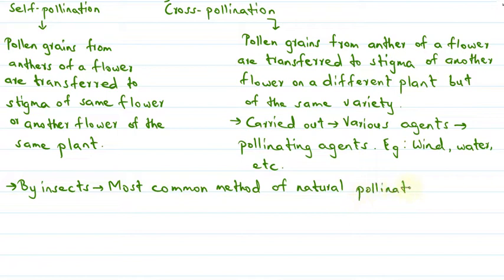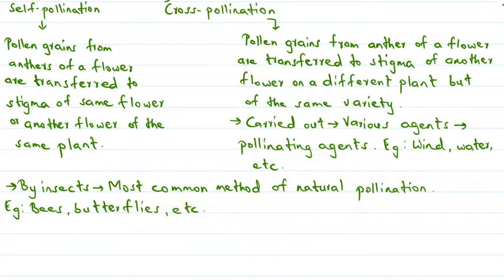That is, insects are the most common agents that bring about natural pollination. For example, these insects could be bees, butterflies and other insects, etc.